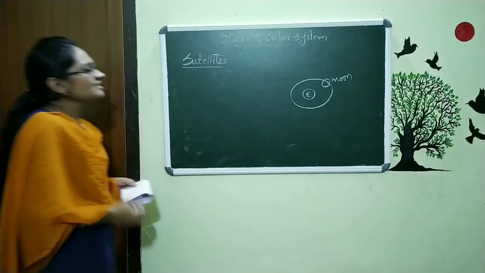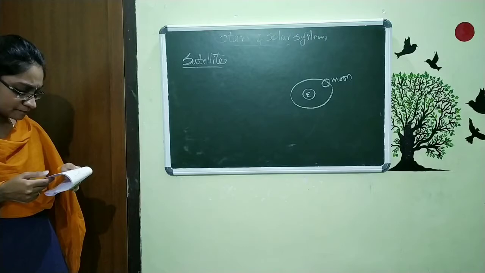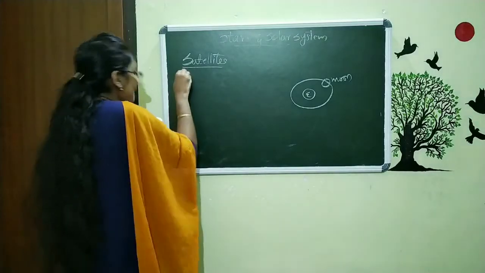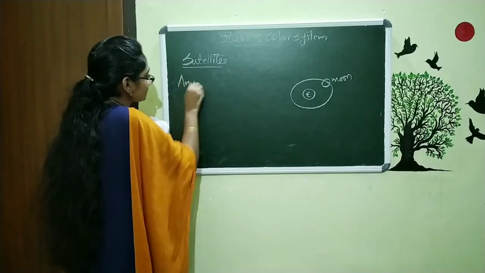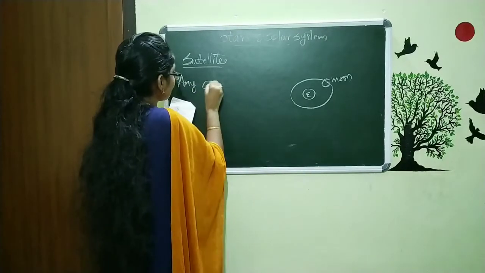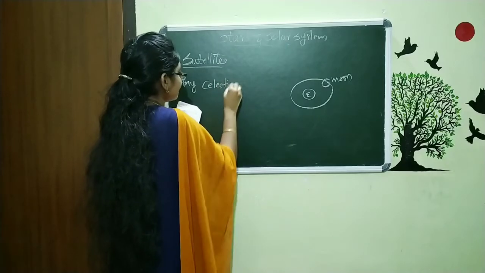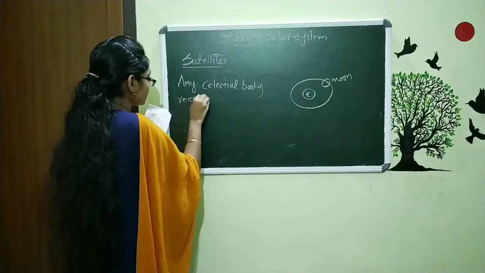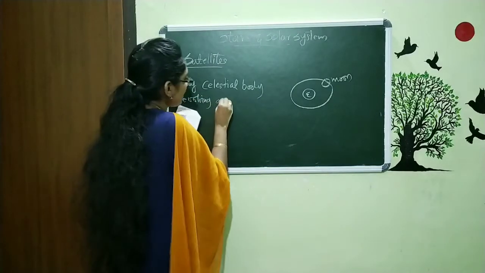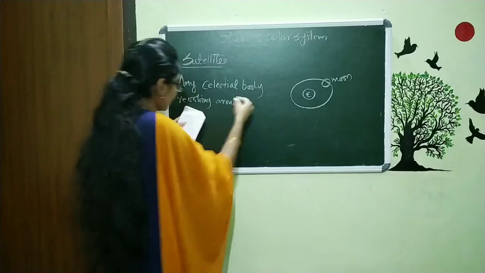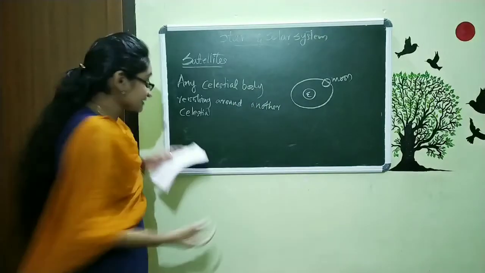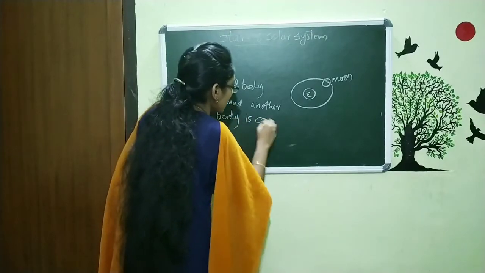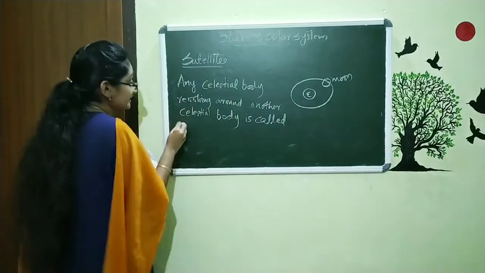And how can we define this satellite? The thing is very simple: any celestial body revolving around another celestial body is called a satellite.